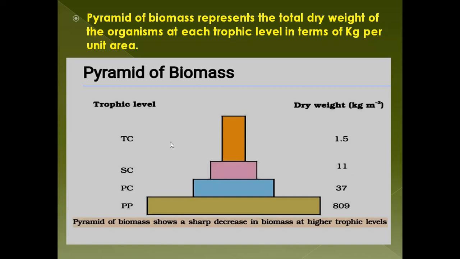And to the next trophic level, if you move to secondary consumers, again it becomes lesser, that is 11 kilogram per square meter. And finally the top carnivore, just 1.5 kilogram per square meter. So this is how the pyramid of biomass shows a sharp decrease in biomass at higher trophic levels.